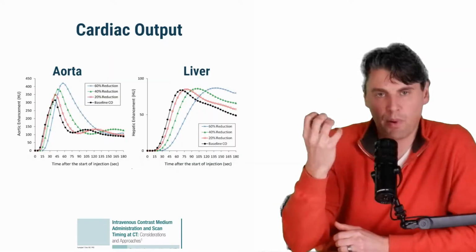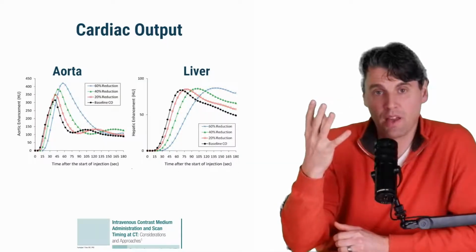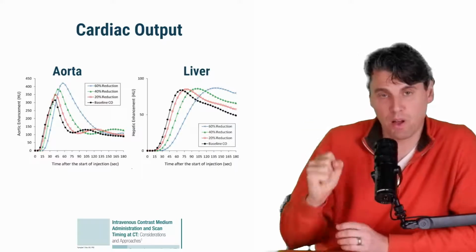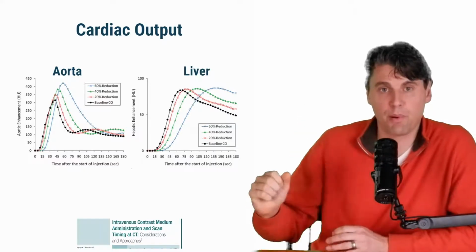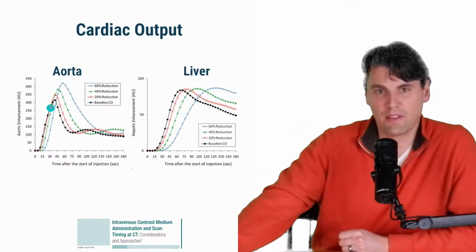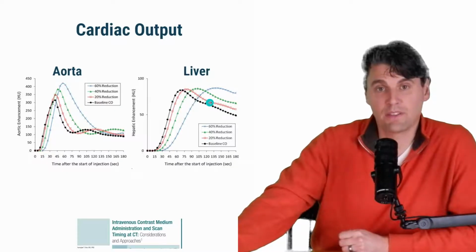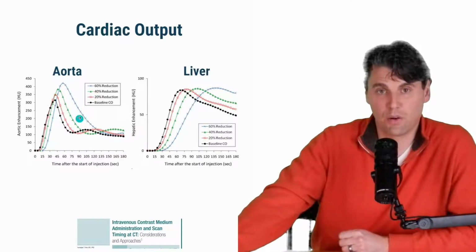The cardiac output is a measure of how much blood is actually coming out as your heart pumps. If you have what he calls a baseline cardiac output, that's shown here in black. And then if you think about having a reduced cardiac output, you can see that it's going to lead to a delay in the time for the contrast to get to the liver or to the aorta.